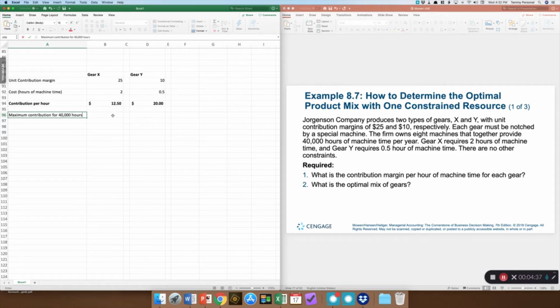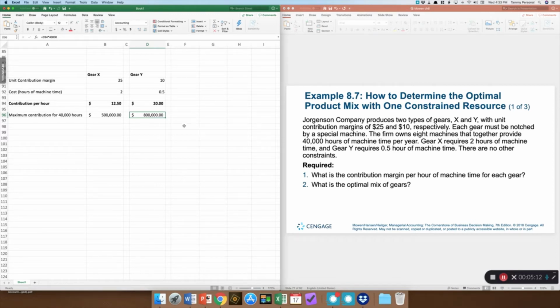You could get $12.50 times 40,000, and I'm breaking my own rules and entering that 40,000 in there. So you get $500,000 if you just made all gear X, or you could make $800,000 if you focus entirely on gear Y.